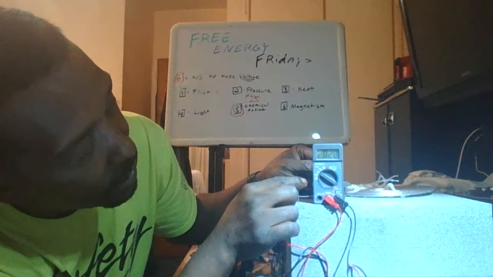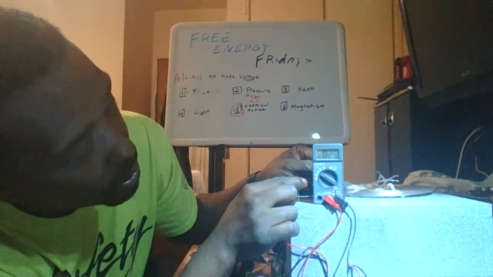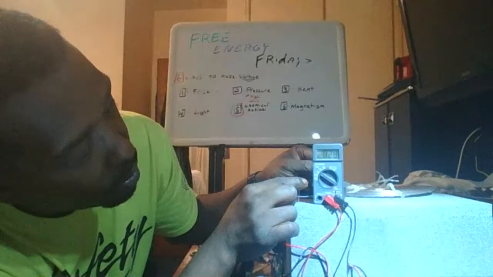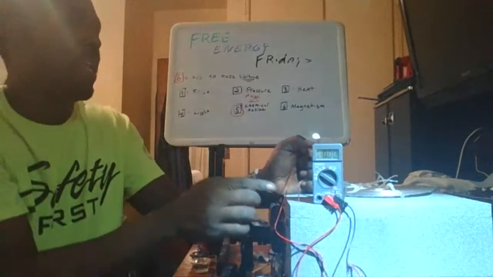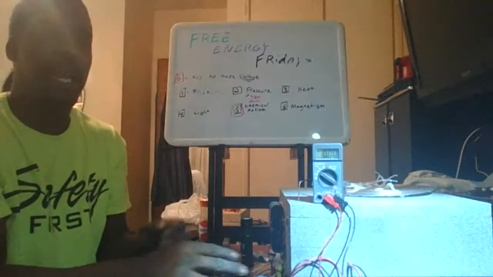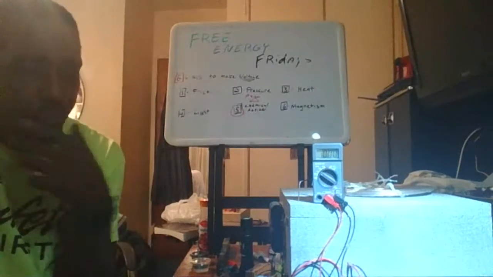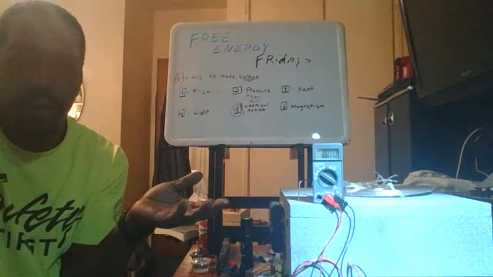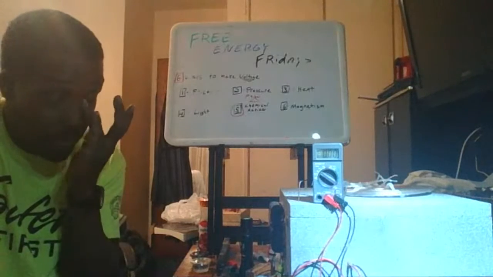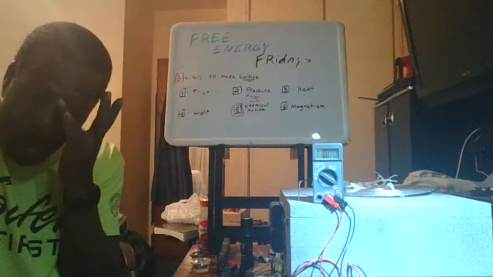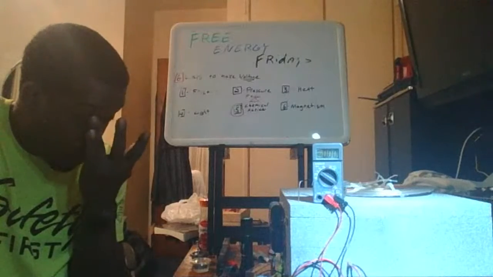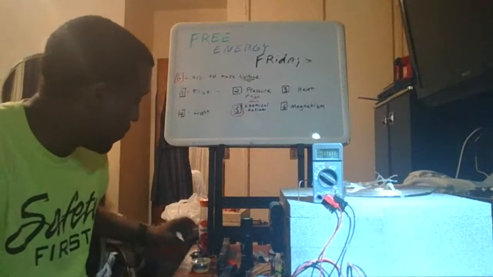That's why I need the alligator clips to hold it still. And we're getting what it's saying over here. It's going up a little bit. The last time we tested, we was at like 0.4, like a half a volt.